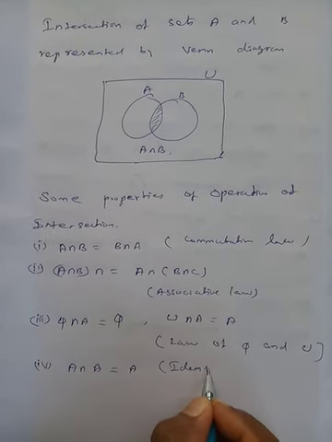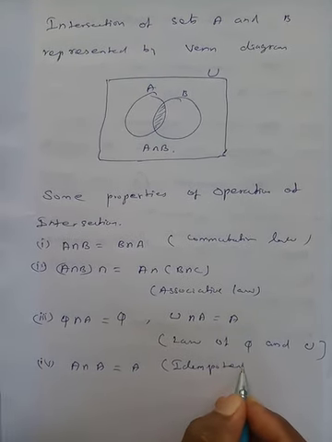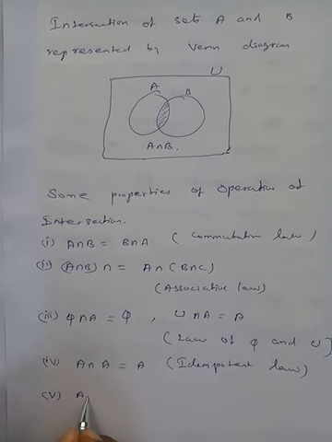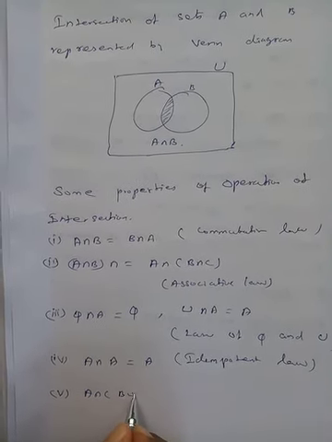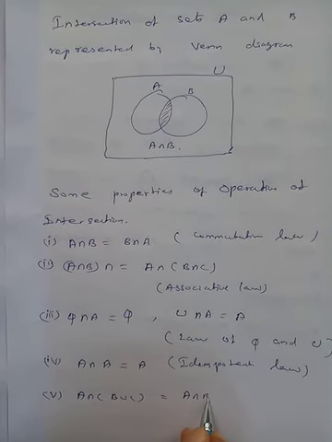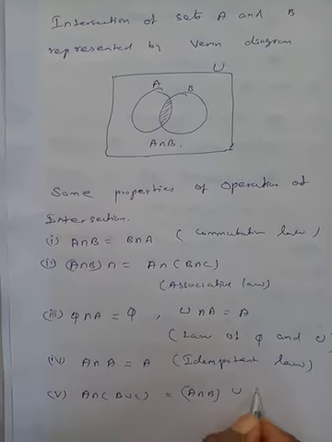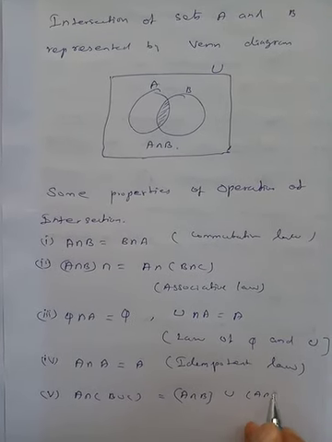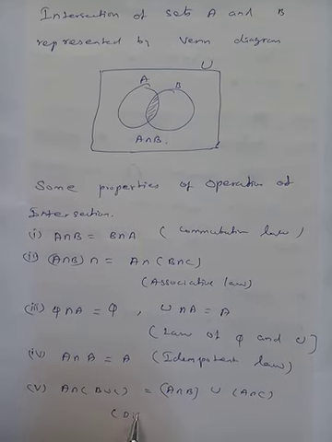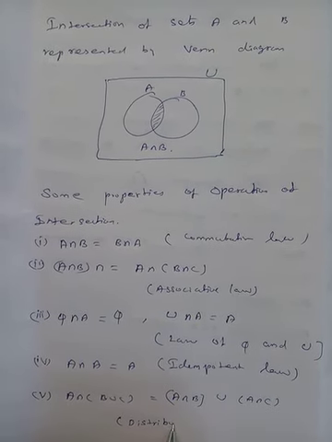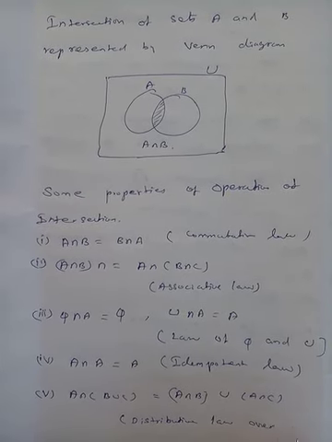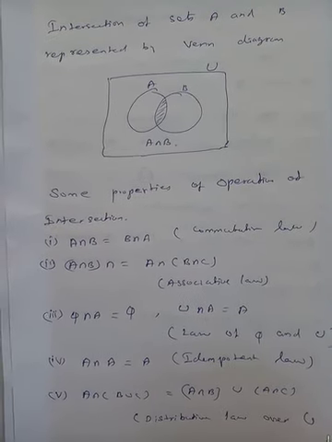Fifth one, A ∩ (B ∪ C) is equal to (A ∩ B) ∪ (A ∩ C). This is the distributive law over union.